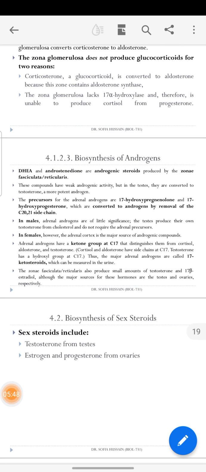Next is the biosynthesis of androgens, the male hormones. How are they produced? They are produced, as aldosterone is, in the adrenal cortex with the enzymes present, and the precursor is 17 hydroxypregnenolone, which is converted to androgens by the removal of C20 and C21.